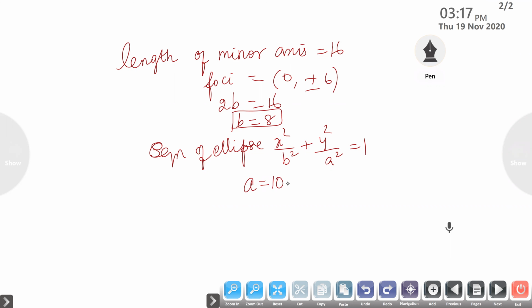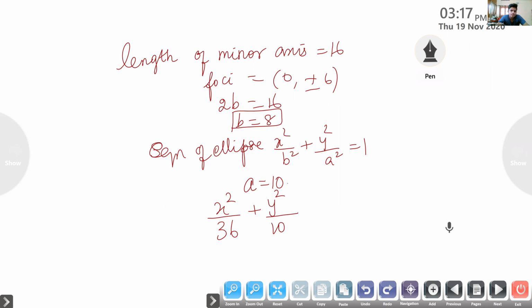So what is the equation of the ellipse? Aditya S. Raj. Ma'am, x square by 36 plus y square by 100 equal to 1.